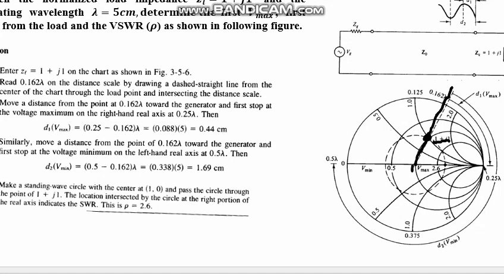Take the radius between this 1 point to the 1 plus 1j, that is the point of intersection with the straight line. Take the radius and draw the circle around it. After drawing it, you will get the point. Here is the point.